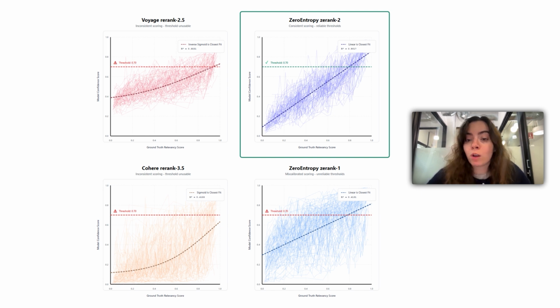So you can trust the absolute value of the score, and you can set a threshold confidently, knowing that you'll broadly get only documents higher than 0.7. This also gives a pretty nice bump to your accuracy, and to the quality of the answer your LLM generates based on the documents you provided.